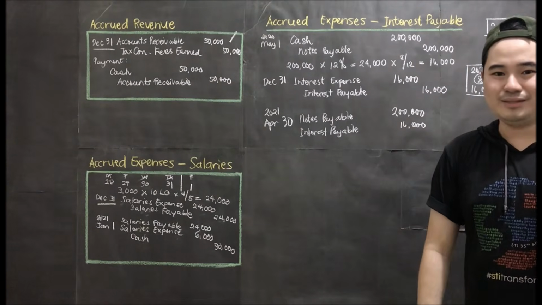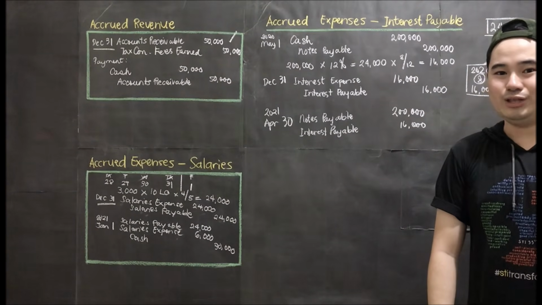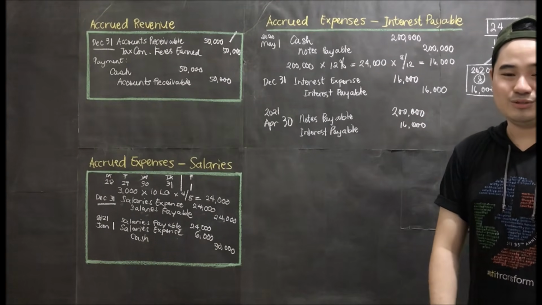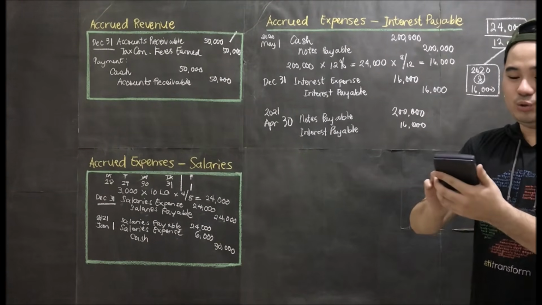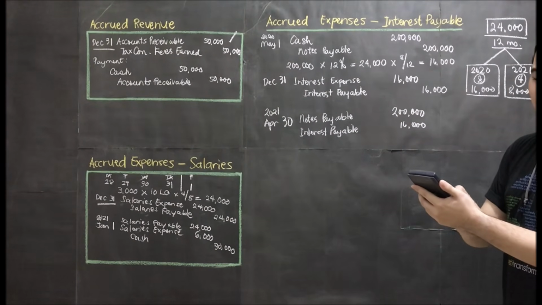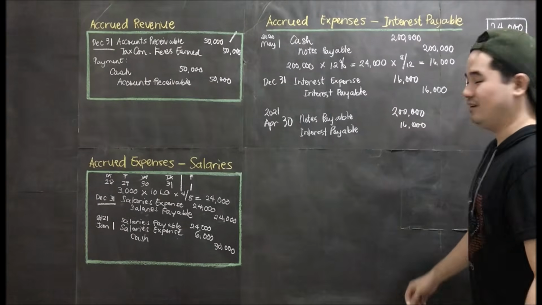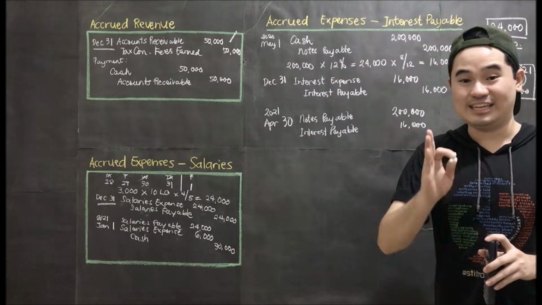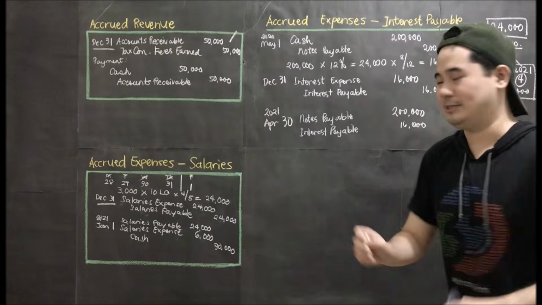Kaso, kulang pa yung interest expense mo. Kasi kailangan 24,000, 16 pa lang yung babayaran mo sa bangko eh. So, dapat lagay na natin yung ito. 24,000 times 4 over 12, which is 8,000. Saan natin debit? Interest expense. Kasi expense na siya for 2021.